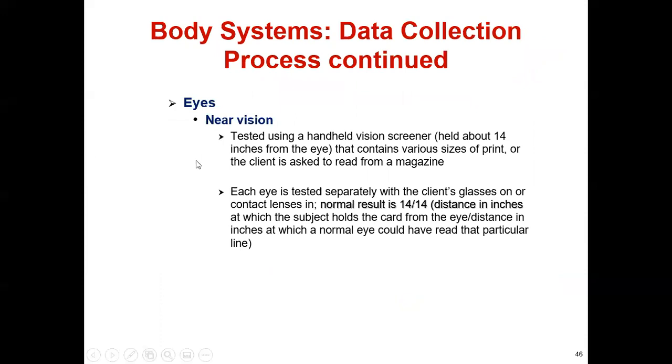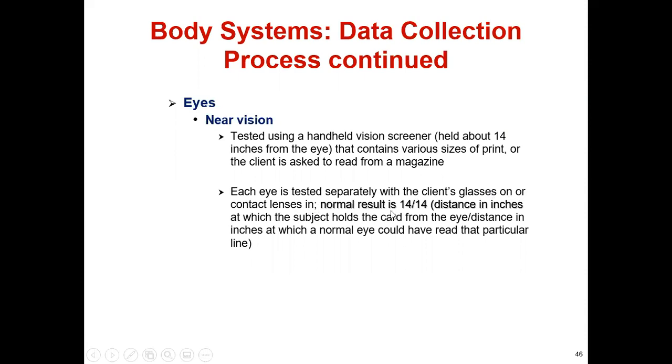Next, to check the near vision, test it using a handheld vision screener that contains various sizes of print, or the client is asked to read from a magazine. Each eye is tested separately with the client's glasses on or contact lenses in.